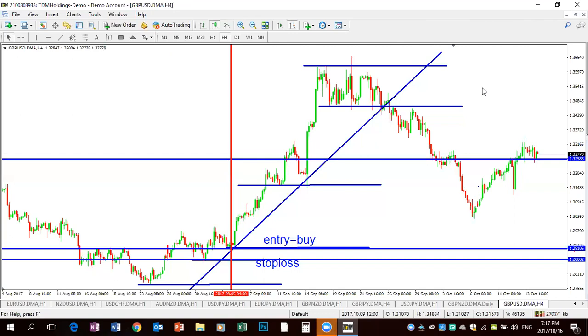If your RSI is below 50, it is saying to you sell. If your stochastic is overbought, it is signaling to you that you need to sell. So it depends which trend you are dealing with.